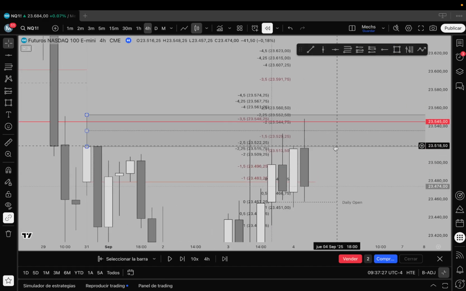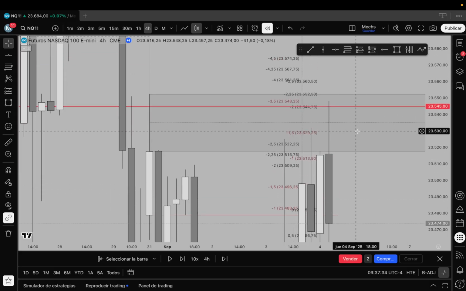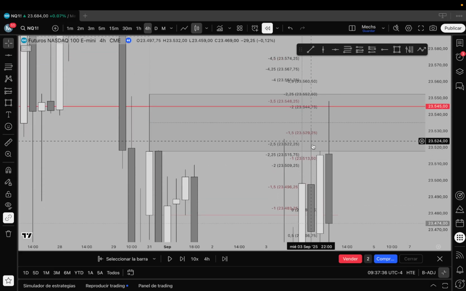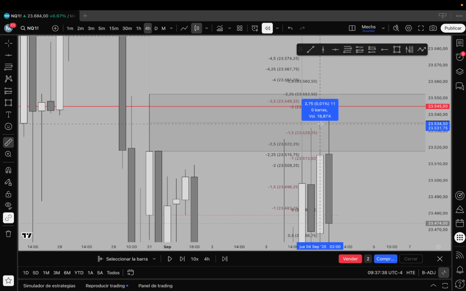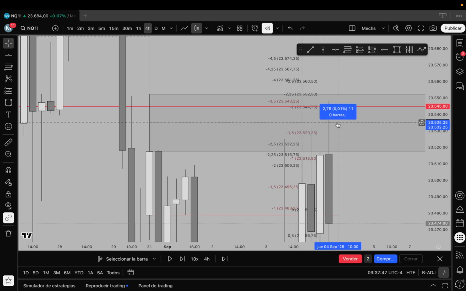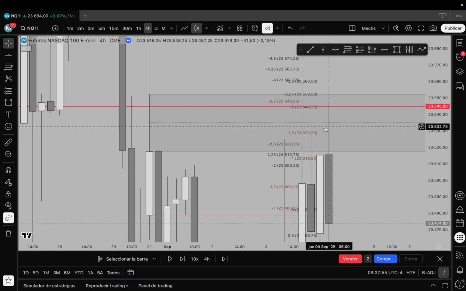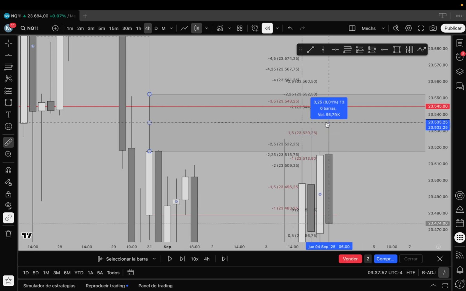And why I didn't take the 50% of the rejection block, because here this is weak. It's very close to the CE, and I'm not expecting a small sweep of 3 points, 2.75 points.